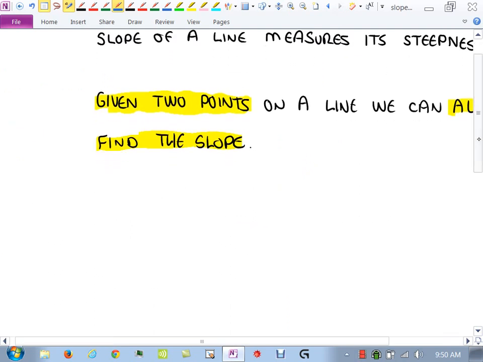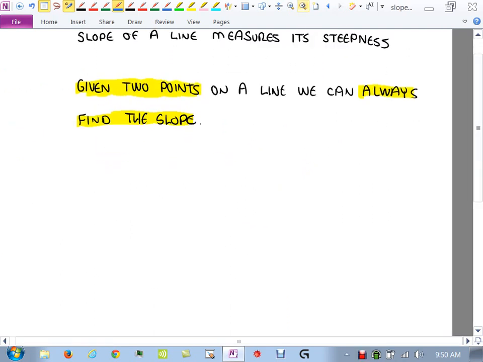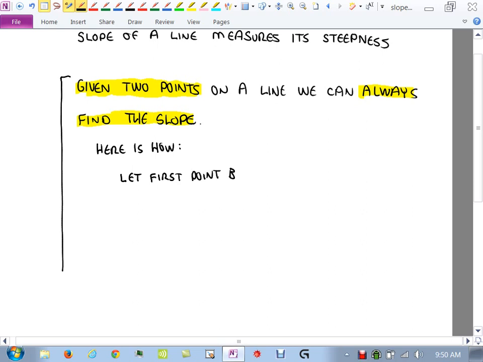So here's how we'll do it. This is all part of one note right here. Given 2 points, we can find the slope. Here's how. Okay, first of all, someone has to give you 2 points, don't they? So let me say let first point be, I'm going to call it, watch, x1, y1.